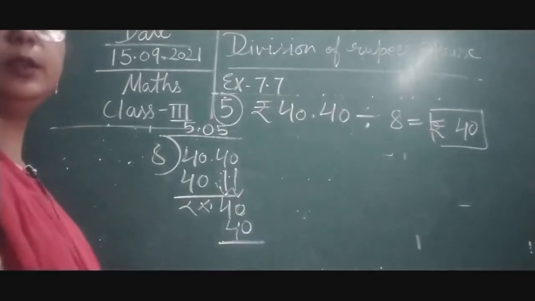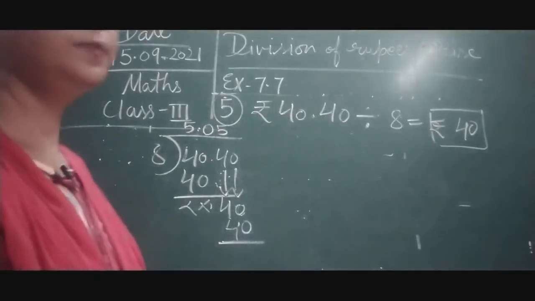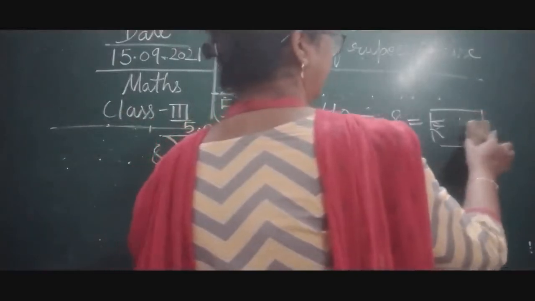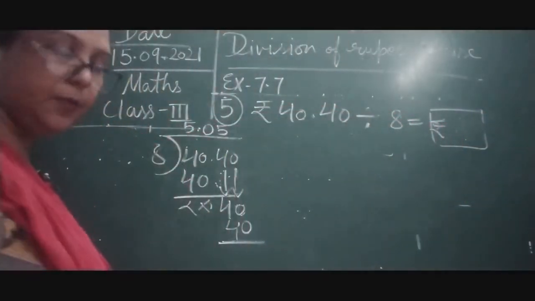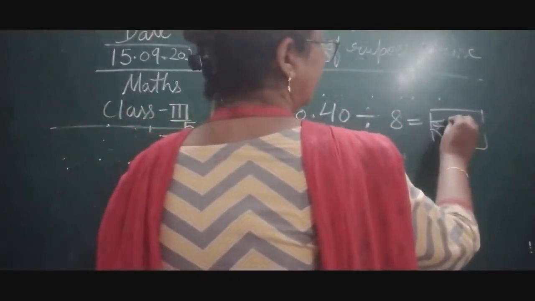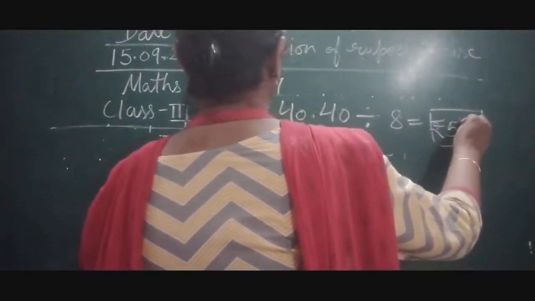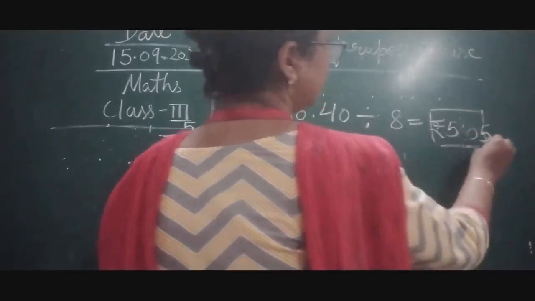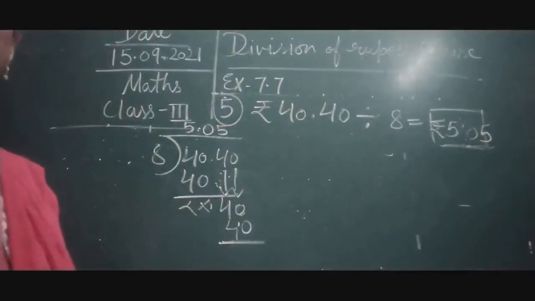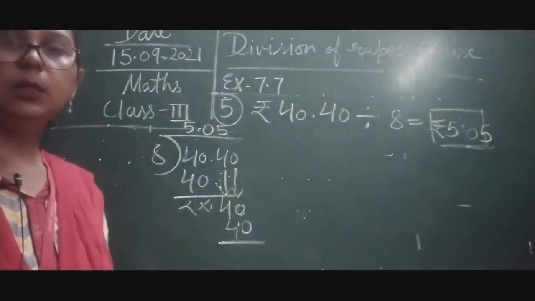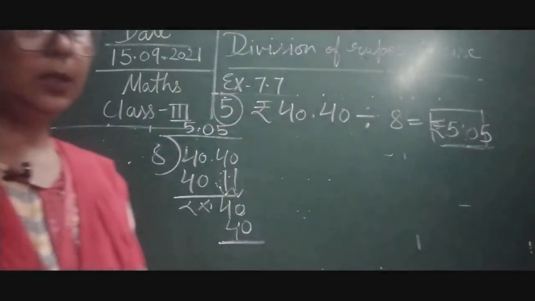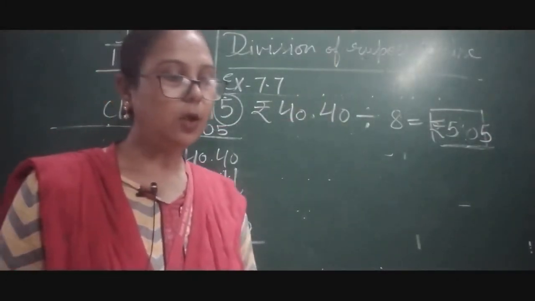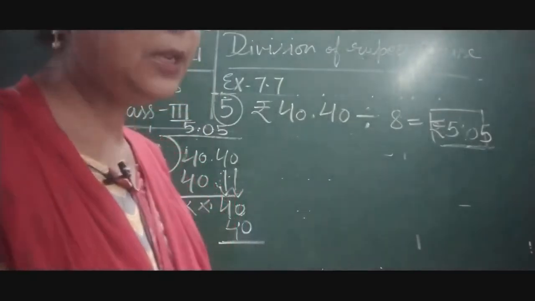So we will get over here the answer is 5 rupees 5 paise. So children, similarly we will do this exercise. Completed, children? Now we are going to do number 6 exercise.